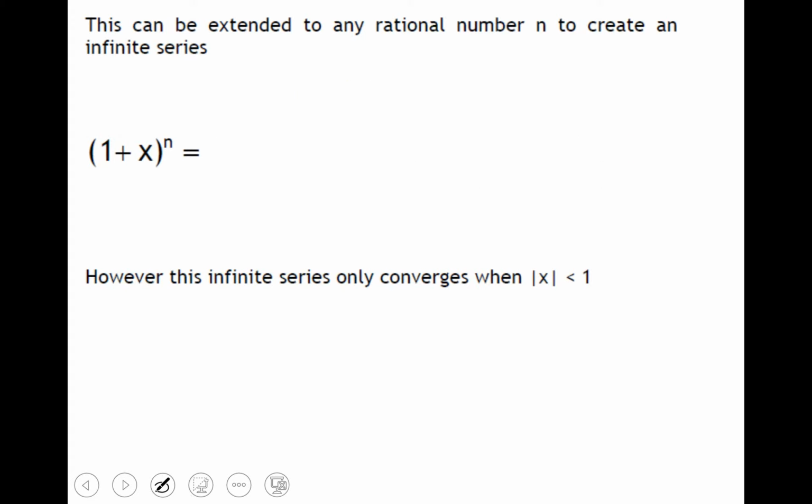Now this can be extended to any rational number n, a rational number being any number that can be represented as a fraction. So this will include negative numbers as well.